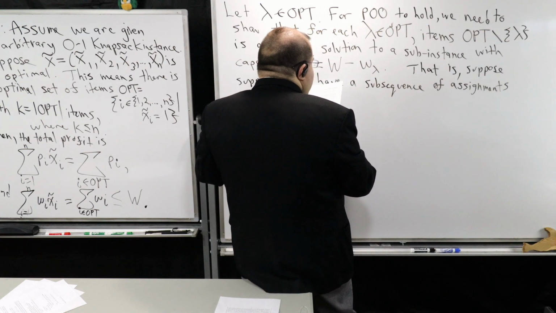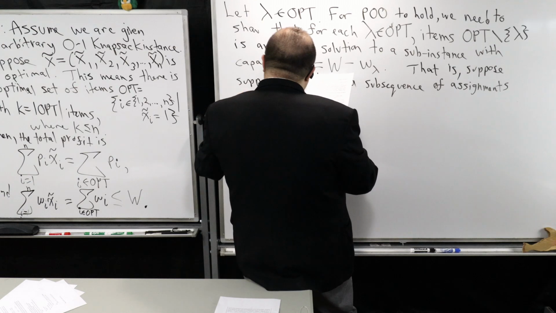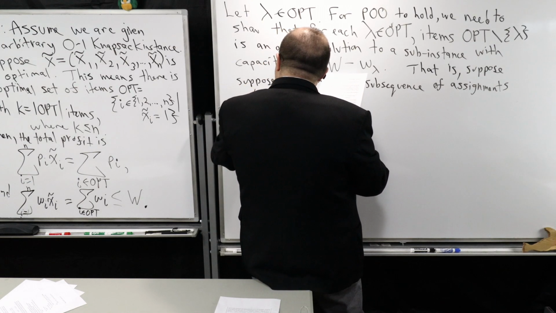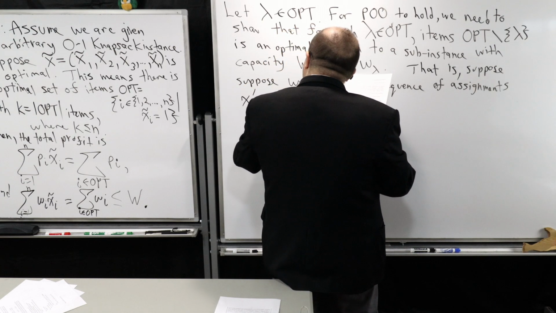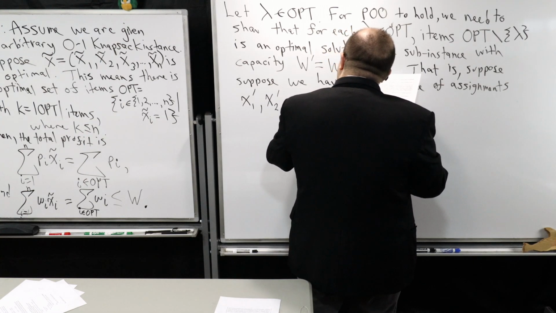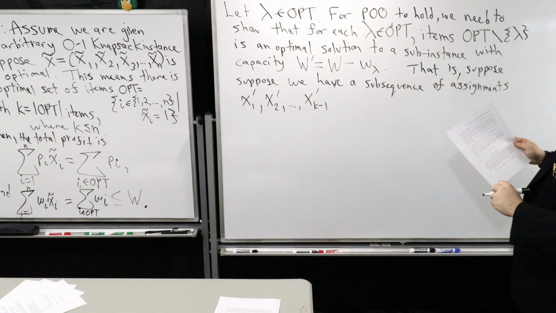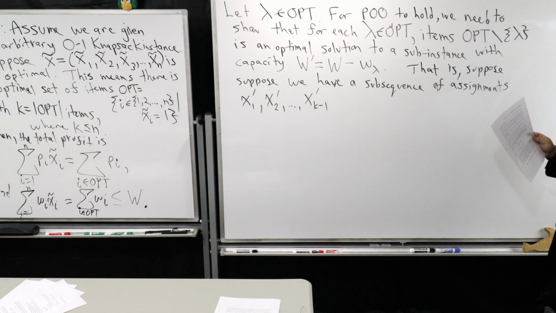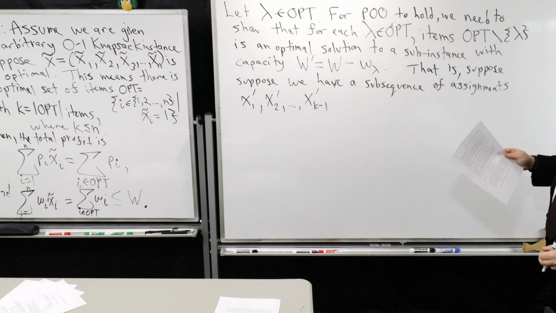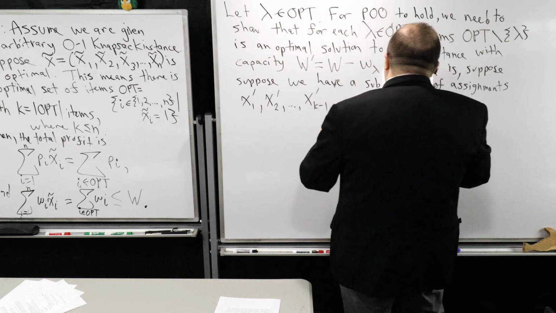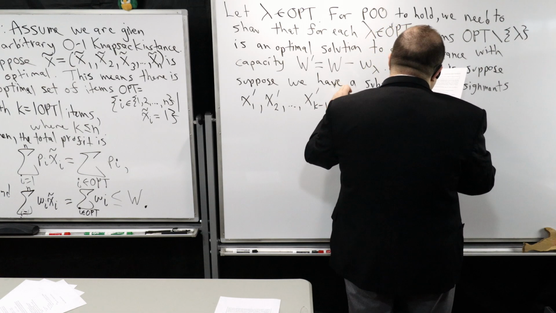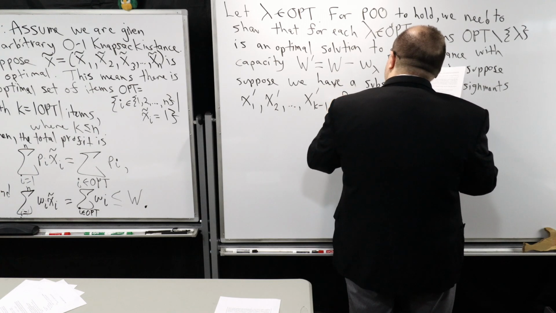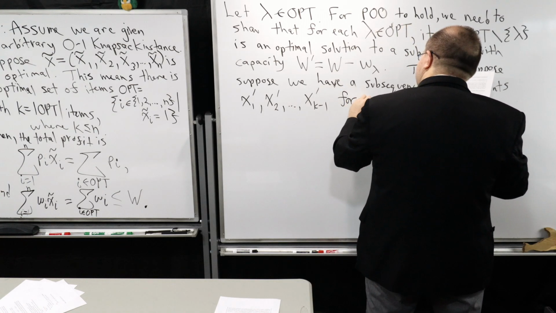A subsequence of assignments, x1 prime, x2 prime, all the way up to x_{k-1} prime. Because remember, when I remove item lambda, now I have k minus 1 items, okay? So just keep that in mind.